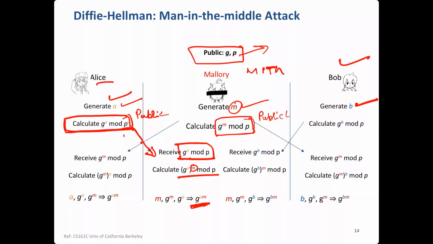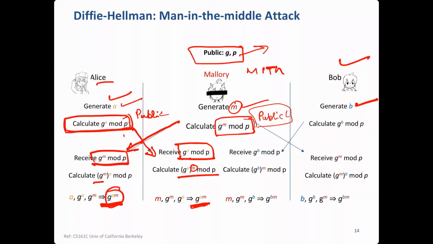Then Mallory sends her own public key, G raised to the power M mod P, and Alice receives this and computes the shared secret key, which is G raised to the power AM.